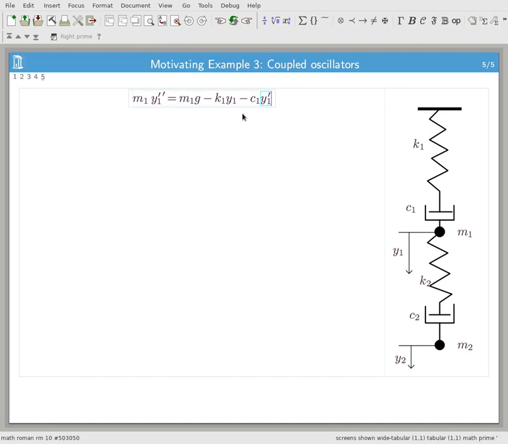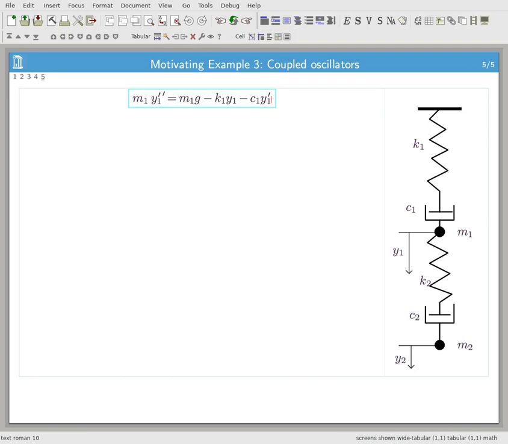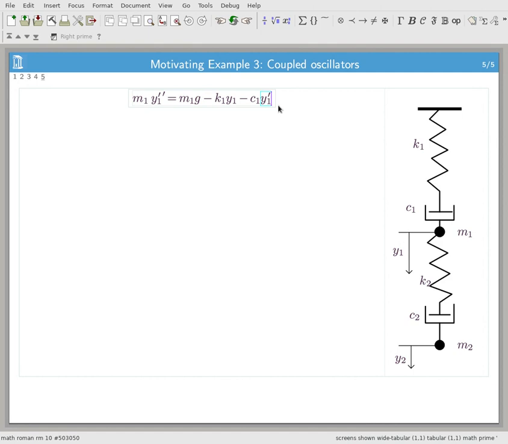Besides the forces exerted by dampener 1 and spring 1 upon mass 1, there are also going to be forces exerted by spring 2 upon mass 1. And now the extension of spring 2 with respect to its equilibrium position is going to be the difference between y2 and y1.